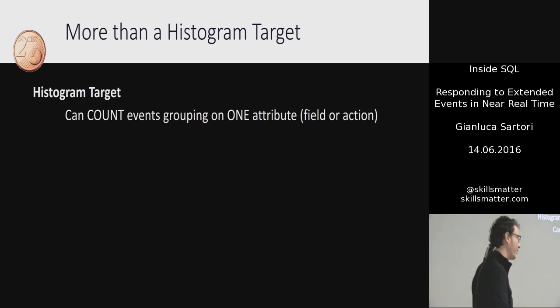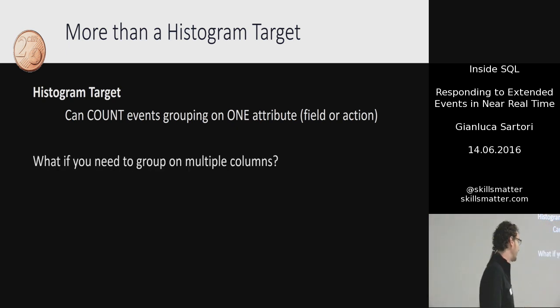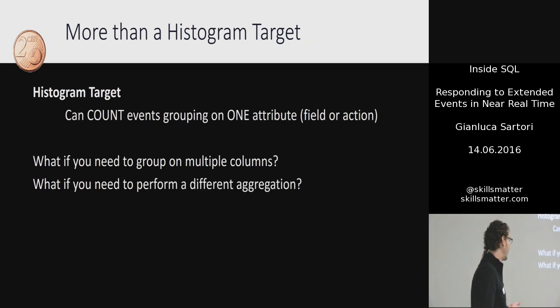If you want to group on more than one attribute, so 2 columns, 2 different fields of the session, what can you do? You can do that with a custom script that uses a streaming API. Also, if you want to do a different aggregation, different from the count, so you want to do a max or a min or whatever, you will have to do that with a streaming API.